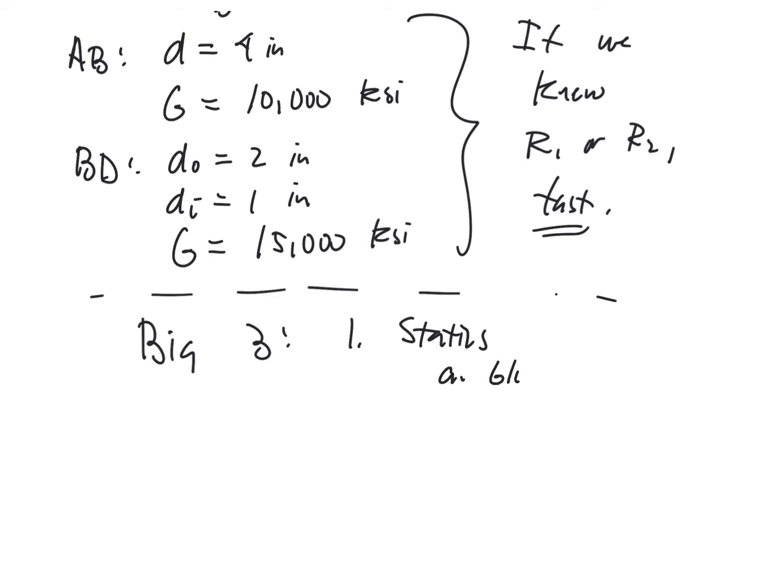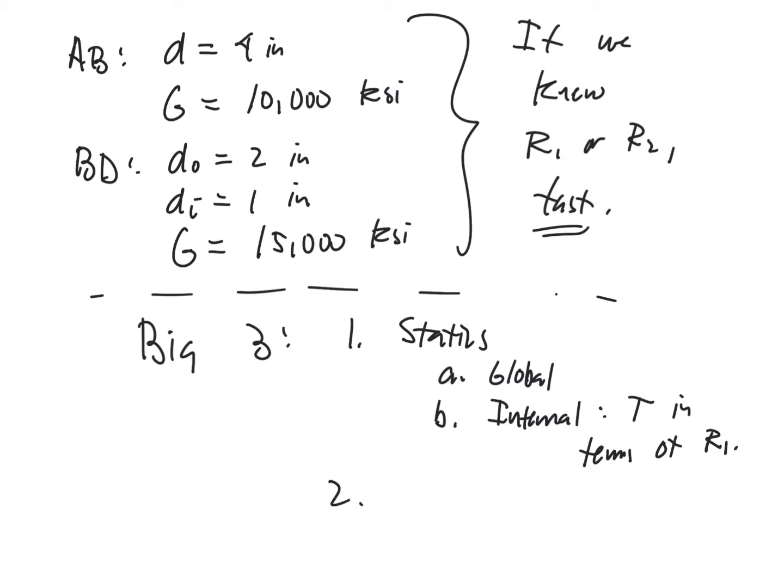That would be the global equilibrium statement, but more importantly are the internal values of the torque in terms of R1. So I'll say T in terms of the left reaction. You do not have to do it this way, but in my opinion, it's the fastest and it's the most systematic. So we have statics.